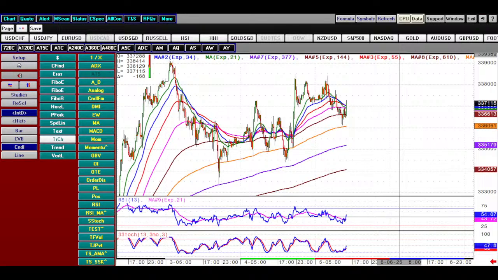We are going for a cautious sell on gold. I'll let you decide the lot size.